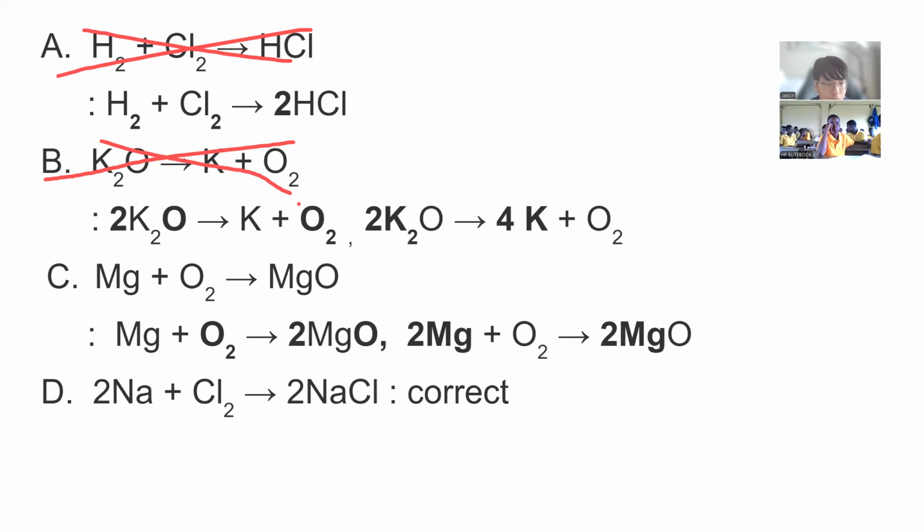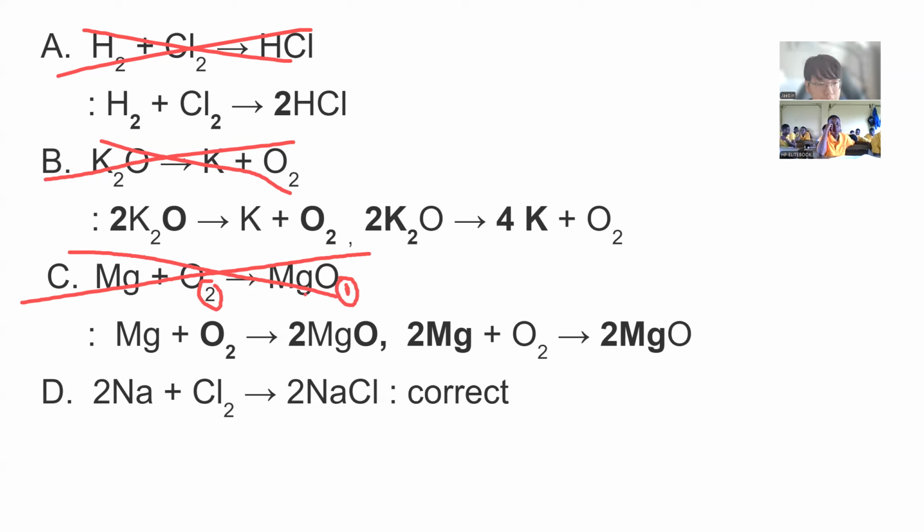So these numbers are not equal. What about magnesium, Mg plus O2 equals MgO? We can see straight away that 2 does not equal 1. If it does not have anything, it just means 1. This is not balanced.